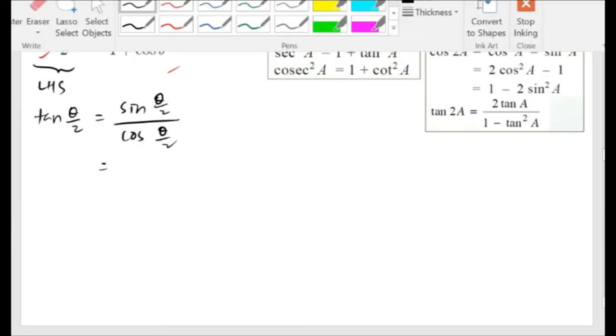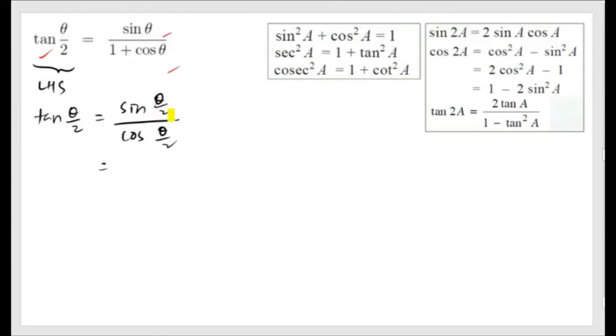Okay, then after this, sine theta over 2, cos theta over 2. This one, sine theta and cos theta, related with this one. So how are we going to change this into this? Change A to become theta over 2, so this one is theta.